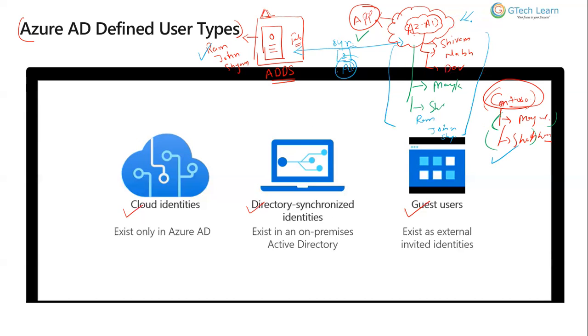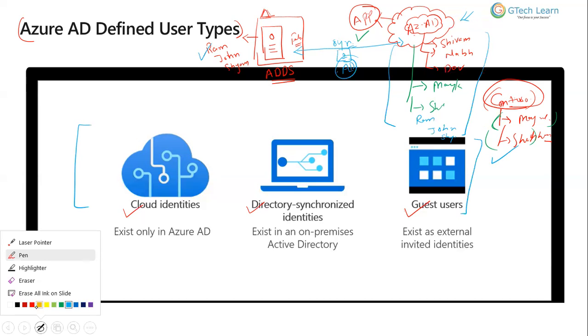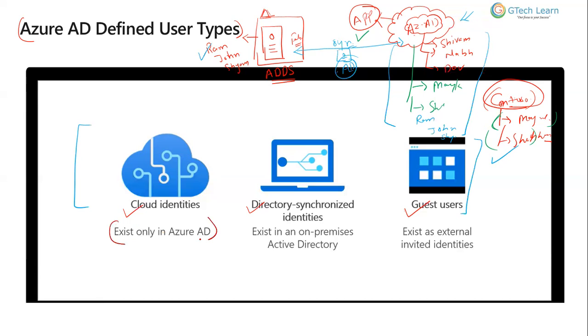So now let's discuss those three defined user types that we have in Azure Active Directory. Let me change the color for a better explanation. The users which only exist in my Azure Active Directory are known as cloud identities. In that case, users Shivam, Nav and Dev are going to be known as cloud identities.